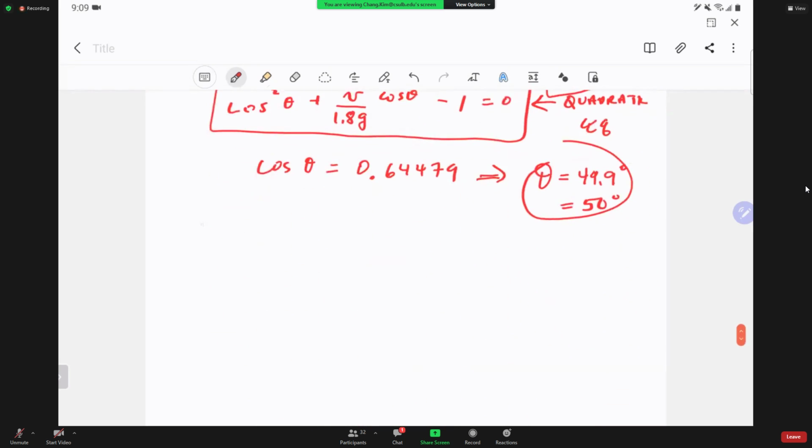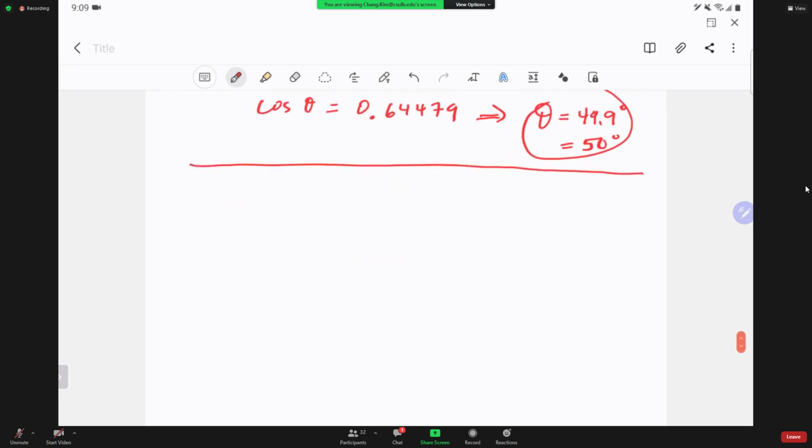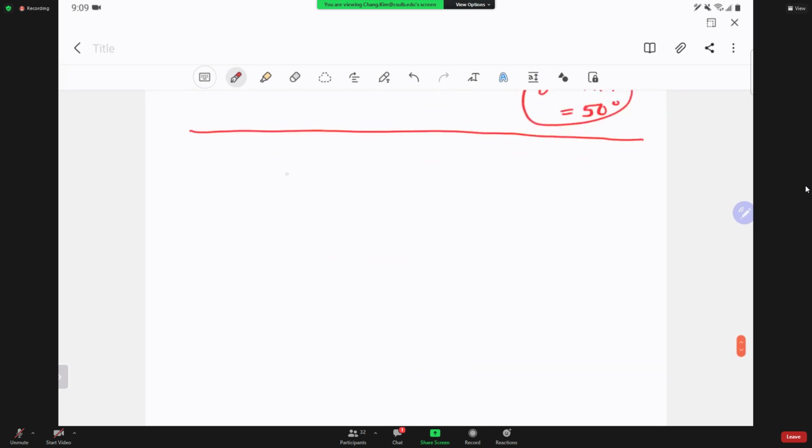Now, we talked about the linear momentum equations at the beginning of chapter 2. Okay, I'm going to define the linear momentum to be mv.